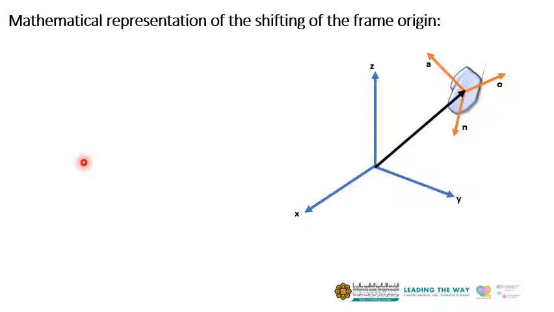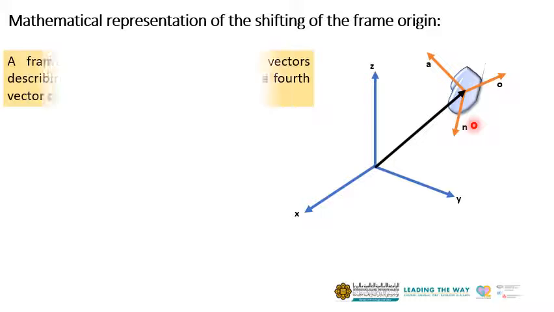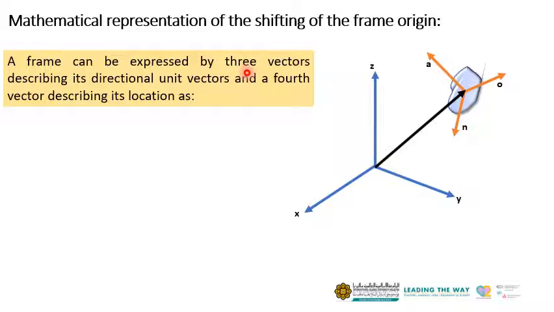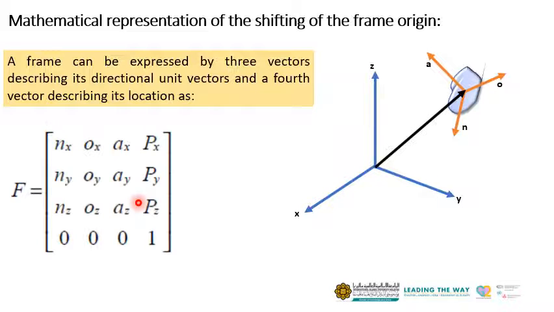Now, mathematically, if we want to represent this new frame, we have to take into consideration the three vectors that describe the directional unit vectors and a fourth vector describing the location. So mathematically, this new frame will be represented as follows. You have the n vector, o vector, a vector.